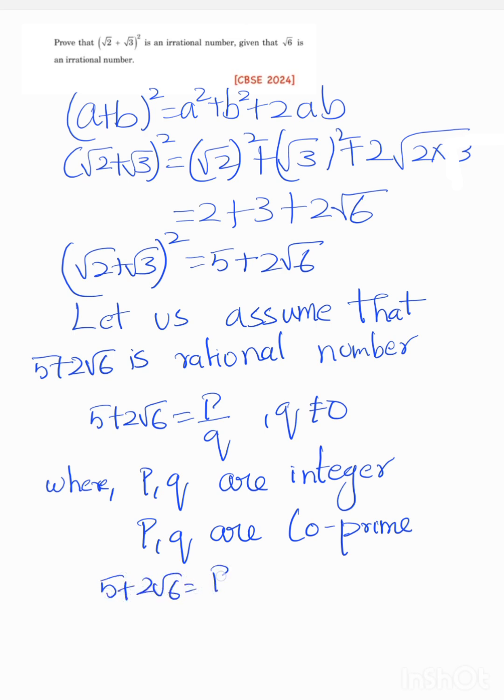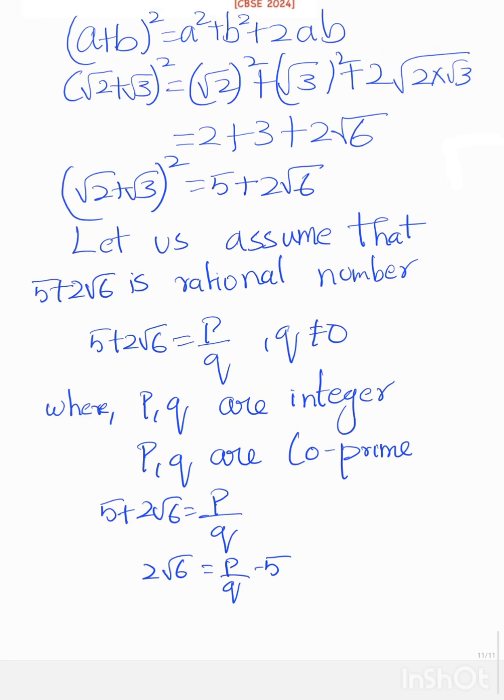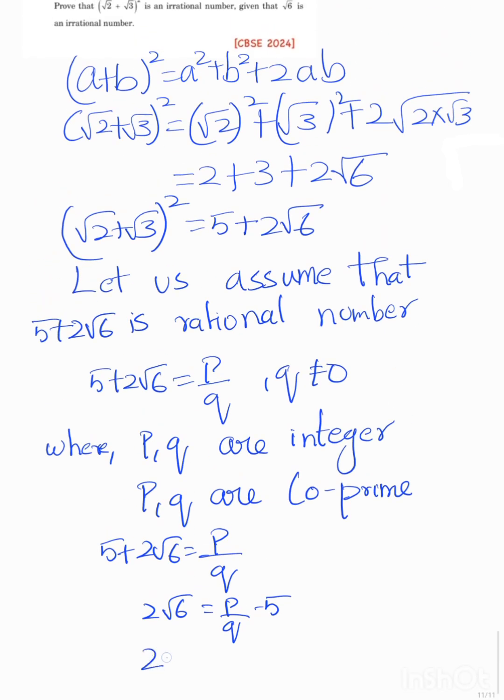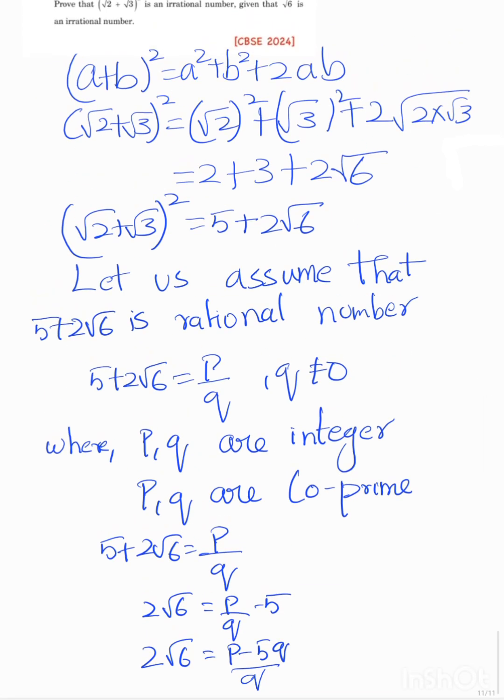Now we can solve 5 plus 2 root 6 is equal to p by q. We can take 5 to the next side, so 2 root 6 is equal to p by q minus 5. Then we take the LCM, that is, (p minus 5q) divided by q.